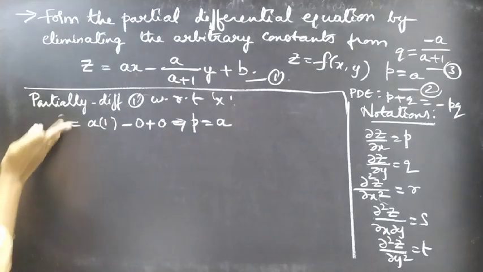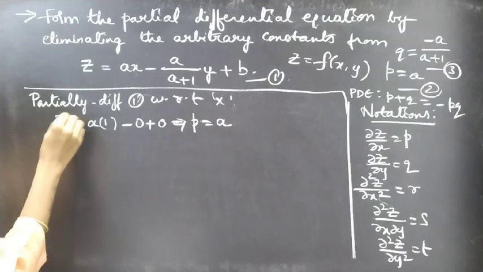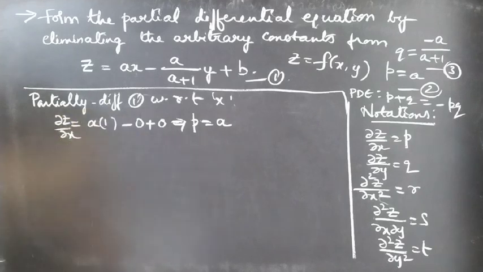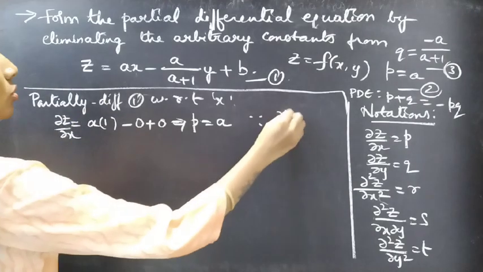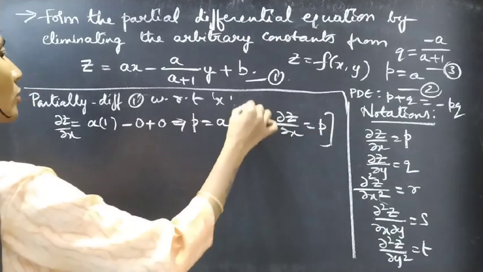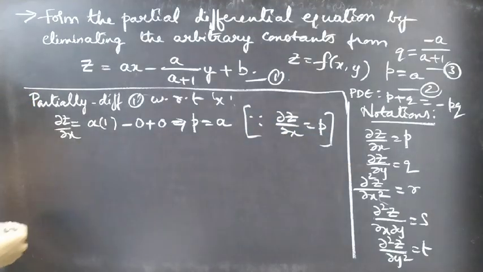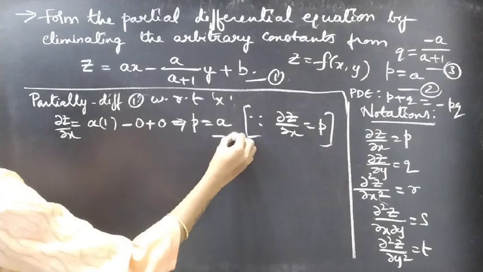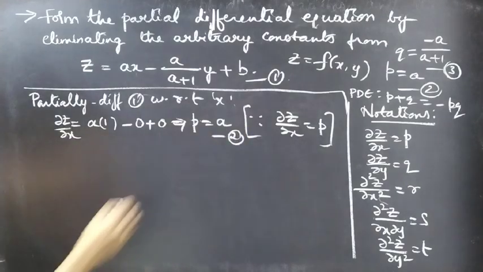Or in the first step you can just write dou z by dou x instead of writing p directly, since dou z by dou x equal to p by our notation, useful notations. Okay, from this you got p equal to a, which we have considered as equation number 2.